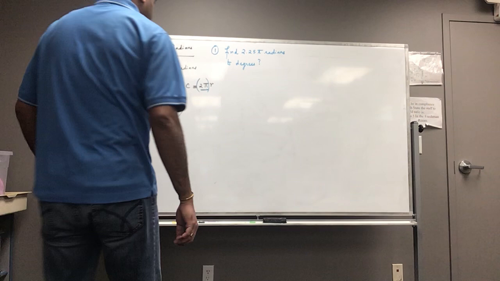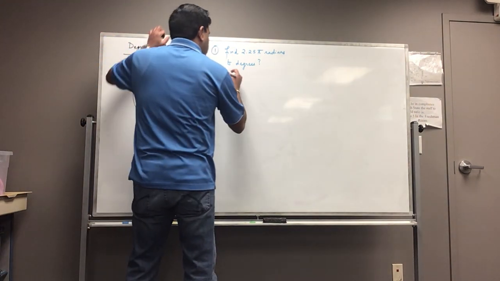Yeah, that's correct. That's right. So 2.25 pi radians.